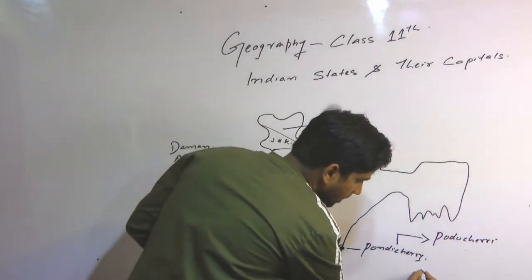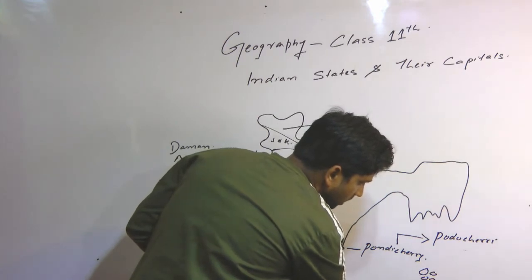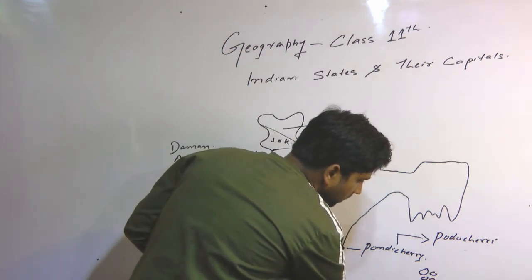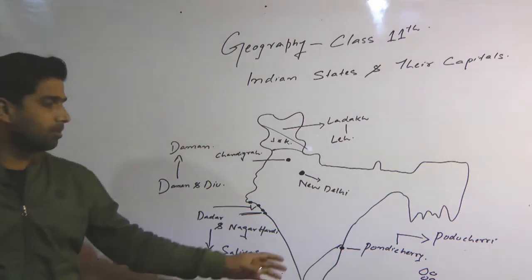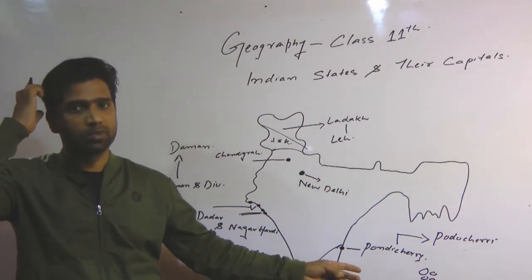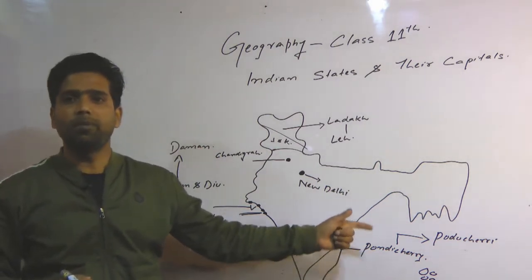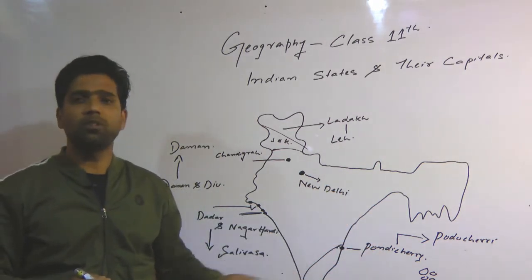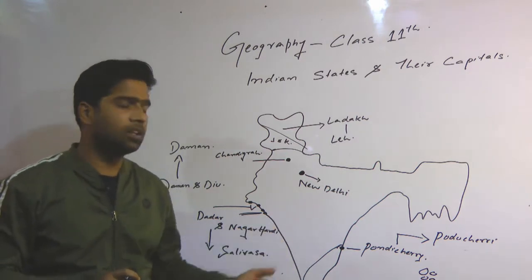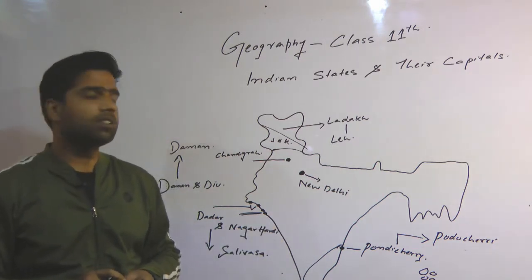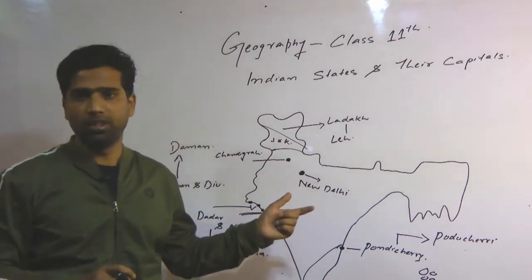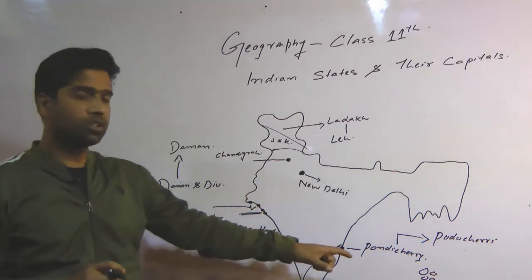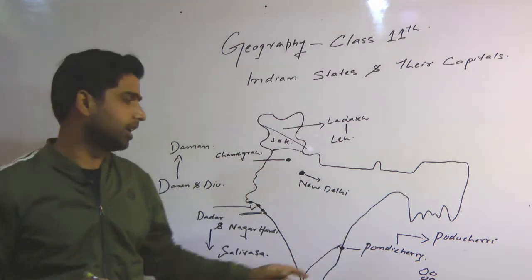Here in the Bay of Bengal there is one of the largest island groups of India, that is Andaman and Nicobar Islands. Almost 572 islands are there, and that comprises the largest Union Territory of India.